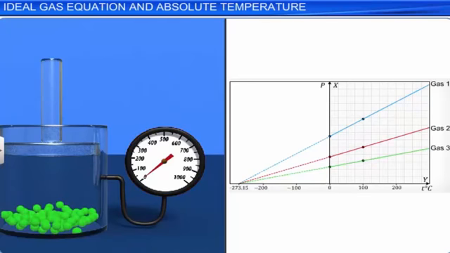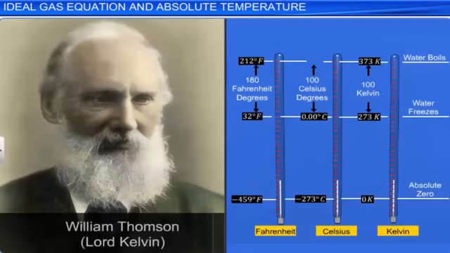As a result, they cease to move and settle at the bottom of the container, and the pressure exerted by them reduces to zero. A new temperature scale was developed by Lord Kelvin by designating this temperature of minus 273.15 degrees centigrade as zero.